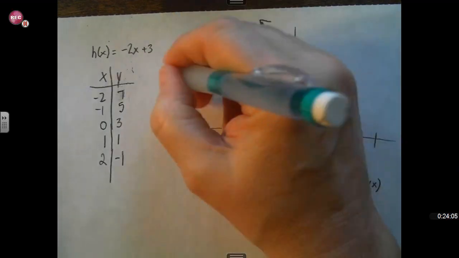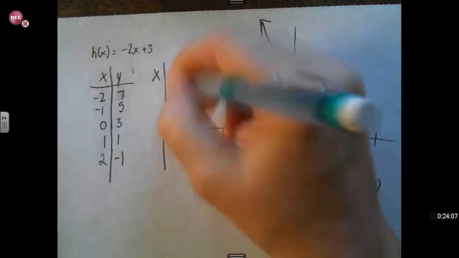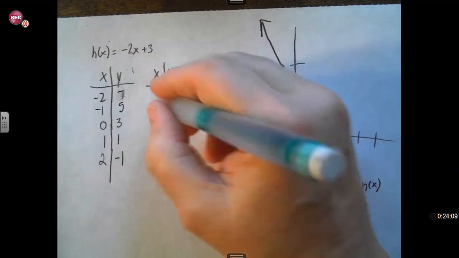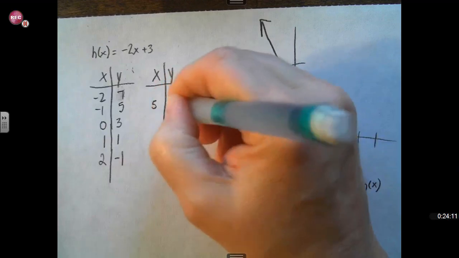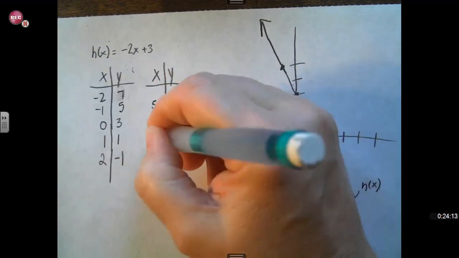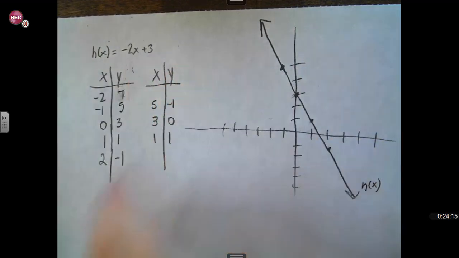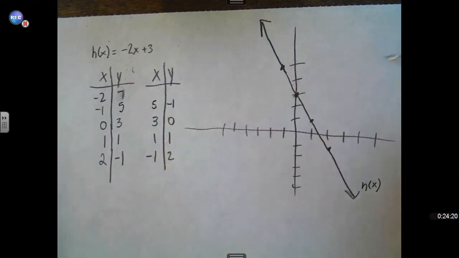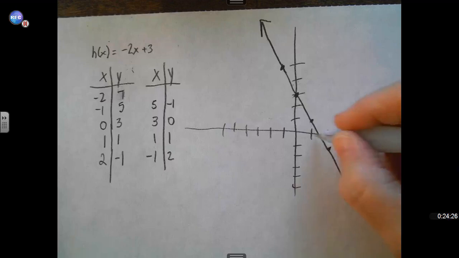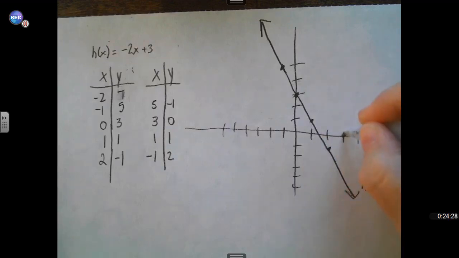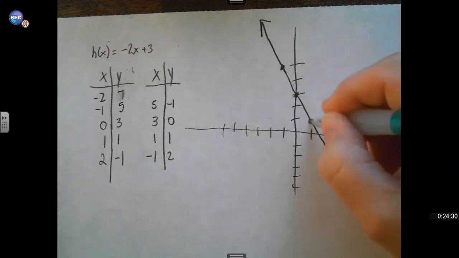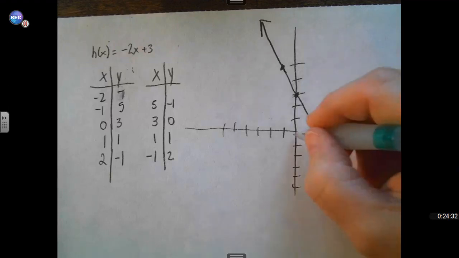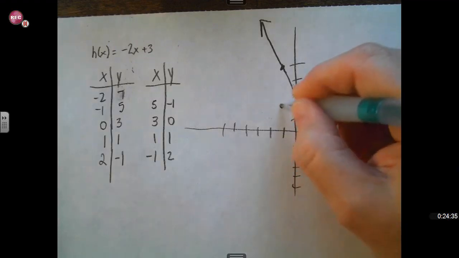And then to graph the inverse, I'm going to flip those around. So I'm going to have 5, negative 1; 3, 0; 1, 1 will be my spin point. I love that point. And 2, negative 1 flips to negative 1, 2.